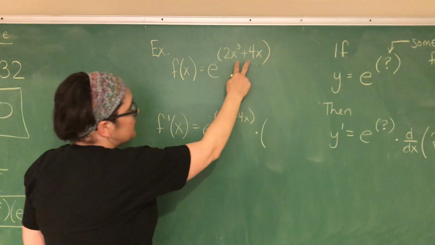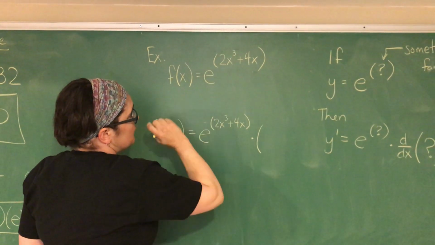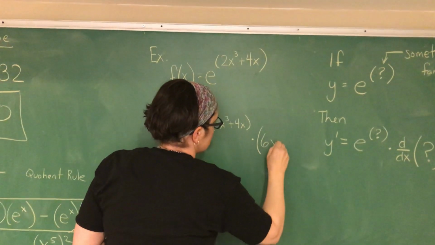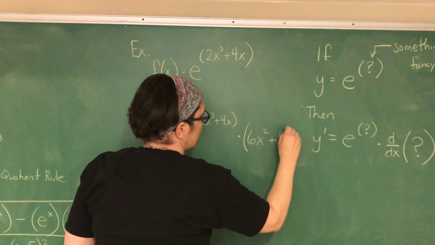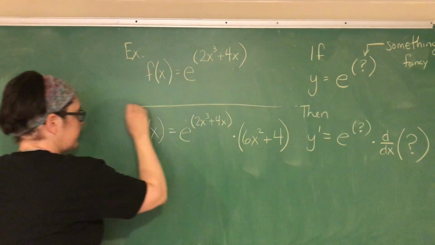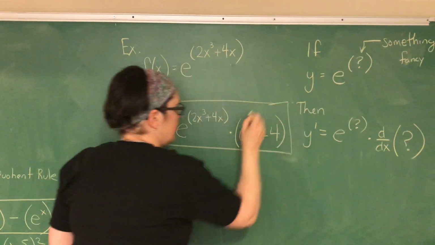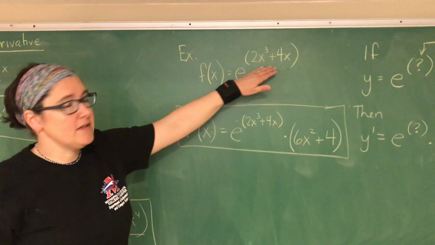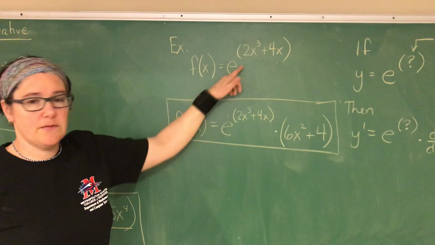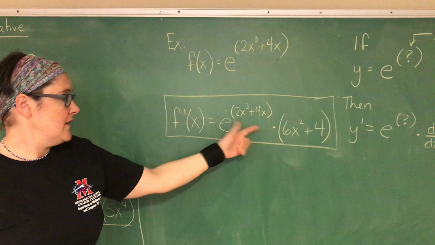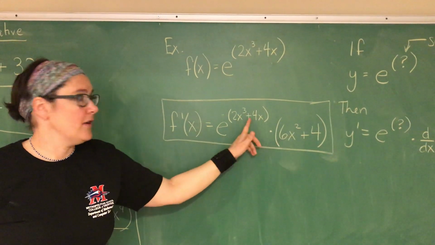So the derivative of 2x to the third is 6x squared, plus the derivative of 4x is 4. So e raised to the fancy stuff, its derivative is copy down the original function exactly as is, and then times the derivative of that fancy stuff.